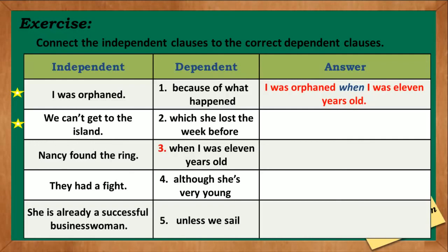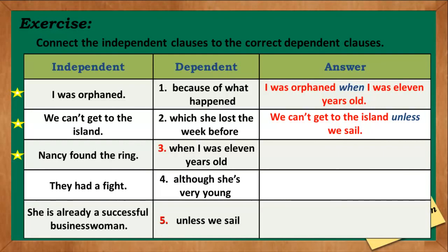The second one. We can't get to the island. The correct dependent clause is unless we sail. The sentence is we can't get to the island unless we sail. The third one.